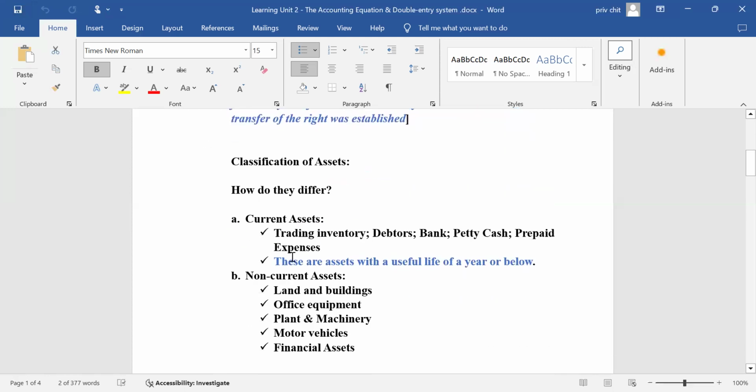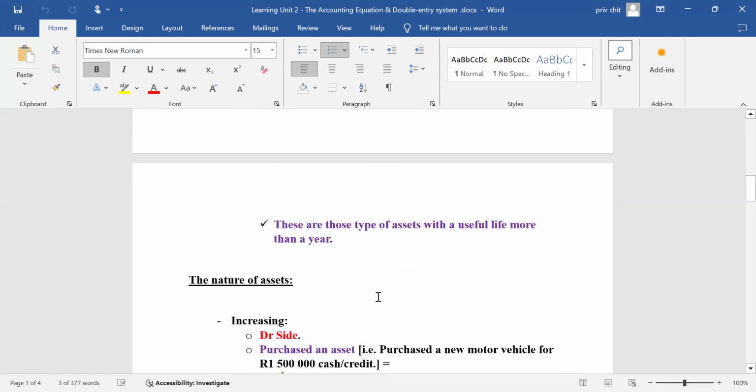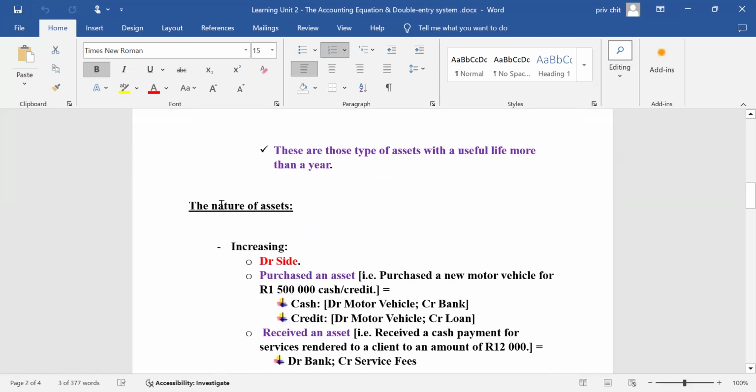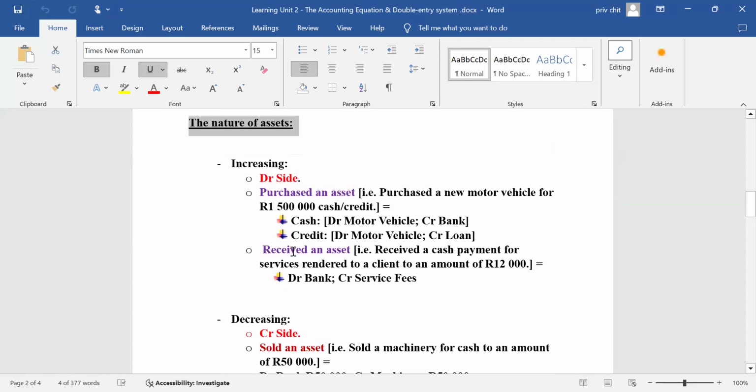I also gave you the classification of assets, which is in 2 groups, namely current assets as well as non-current assets. I also gave you examples, and then I went further to explain the nature of assets: what causes assets to increase, and on which side of a ledger account you would see an asset increasing.